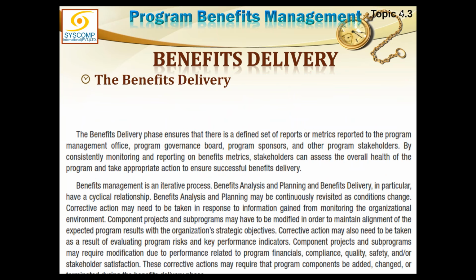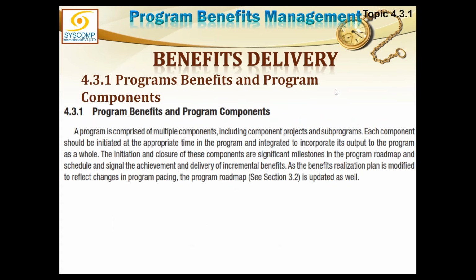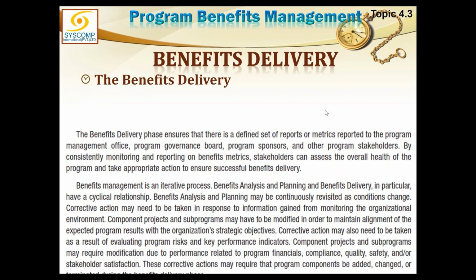The benefit delivery phase ensures that there is a defined set of reports and metrics. As we said earlier, there have to be certain pre-decided metrics and KPIs agreed with the key stakeholders. So what are the exact reports and metrics reported to the program management office, program governance board, and program sponsor? It might be true that different audiences need to see different reports.